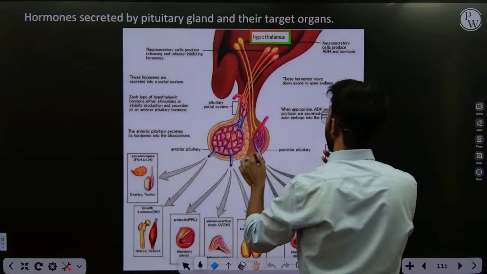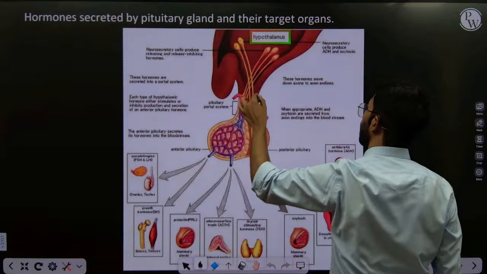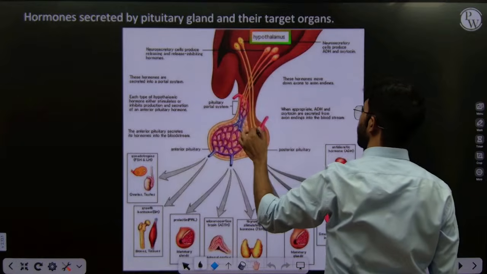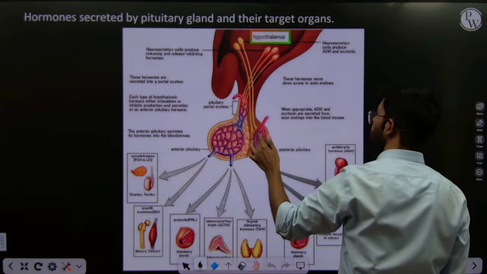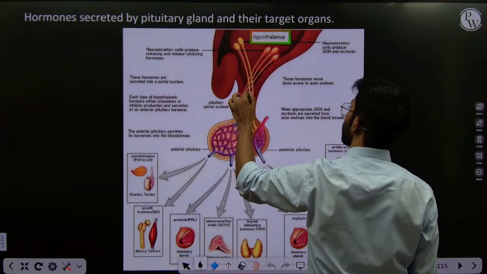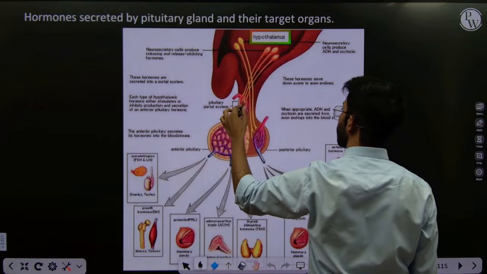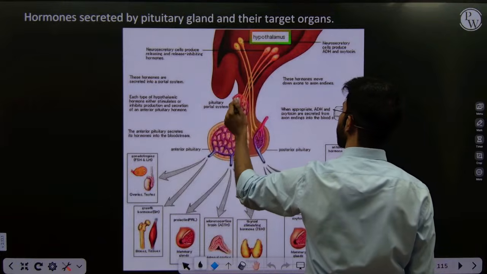Now this is the posterior pituitary. You can see the axons travel along the whole infundibulum and reach the posterior pituitary. These neurons terminate here, and then there is a circulation, the hypothalamo-hypophyseal portal system.